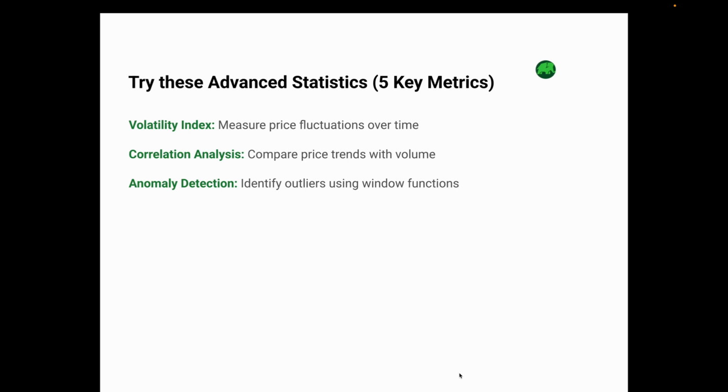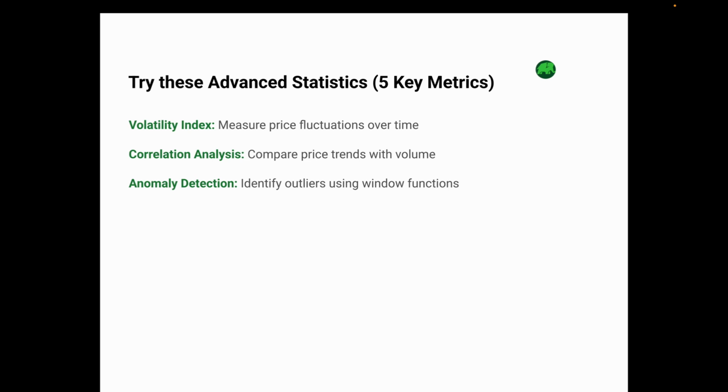First up, the volatility index, which measures price fluctuations over time using standard deviation. In an aggregation pipeline, you can use the set window fields operator to compute a rolling standard deviation of close prices over your chosen window. Next, correlation analysis lets you compare price trends with trading volume to see how strongly they move together.